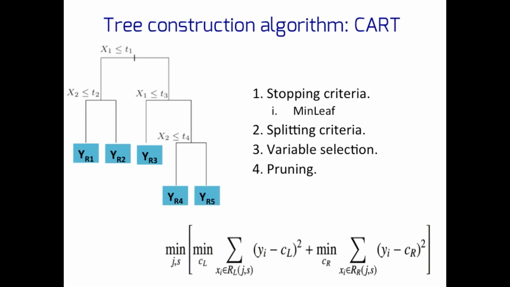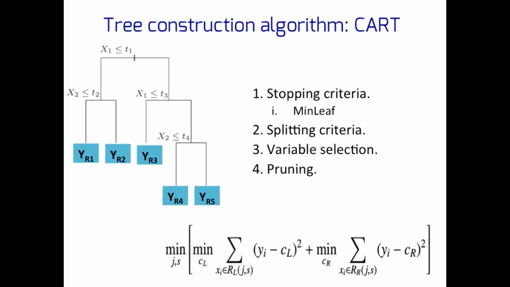I won't go into very much detail of how that is done, but those are really the questions of splitting criteria and variable selection specified in the CART algorithm. And it is obtained by solving a very simple optimization, which is very fast because you're only computing averages all the time and comparing the left average versus the right average.